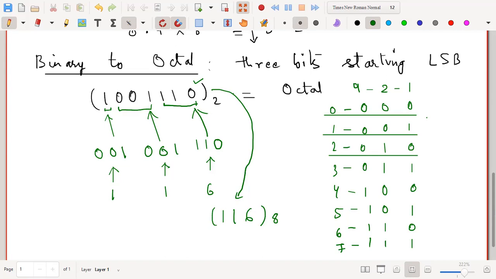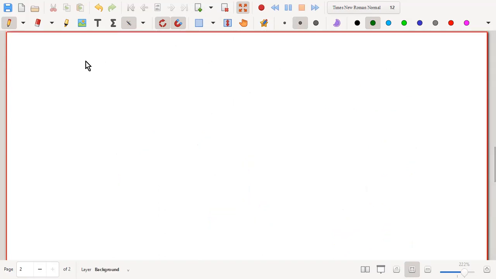Now, if you compare this octal number with decimal and binary, I can draw a big master table, writing the octal, decimal and binary values for every number. So let me do that. First, let me write down the octal number system.